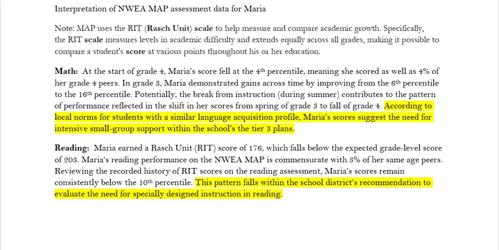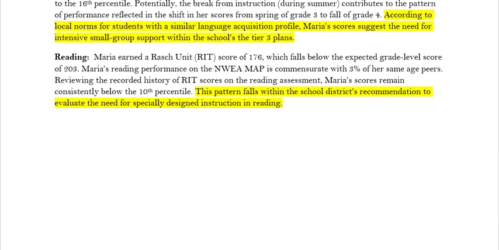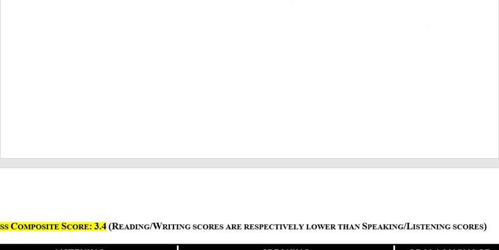This pattern, based on the recommendations from the school district, warranted the need for specially designed instruction in reading. That would mean that would be an area where we are developing, in this case revising and updating, the IEP goal in reading.